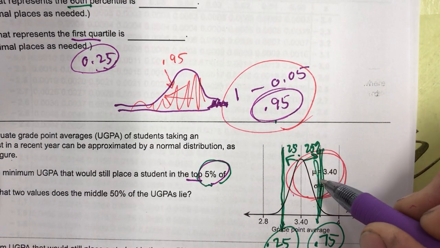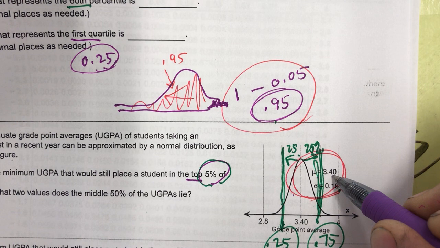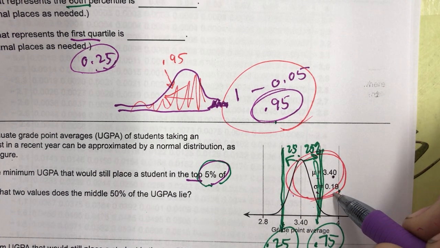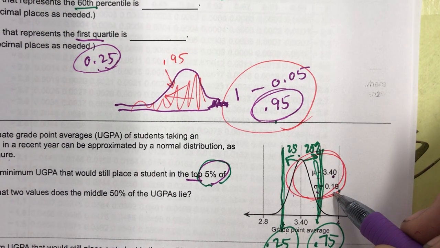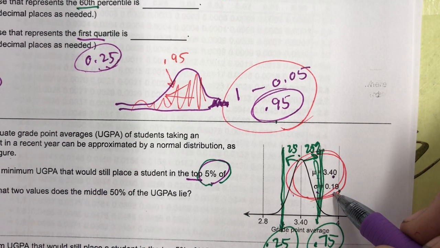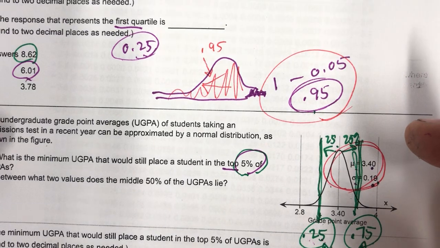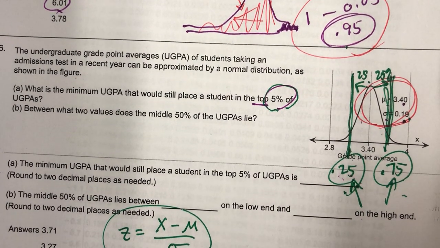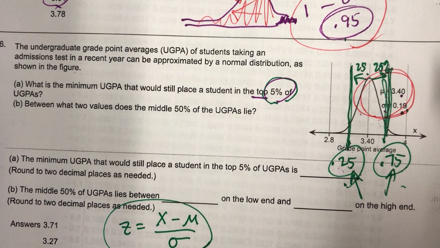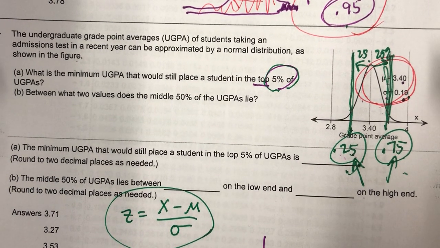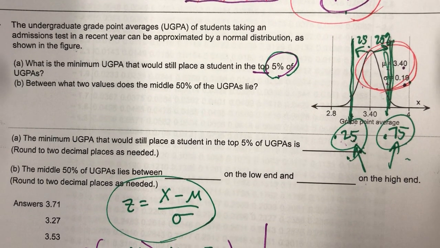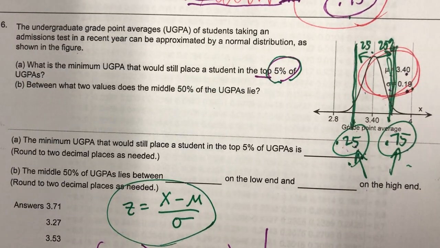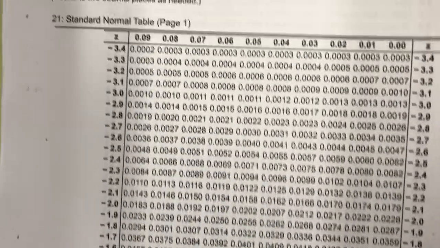We got these numbers right. Mu is 3.4, and the sigma is 0.19. I don't know, we're making a mistake. I have to check on that one. I'll get back with you on that one instead of spending all this time on it.